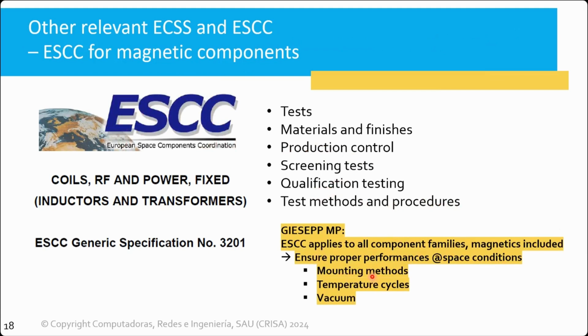This affects, of course, the mounting methods that we use, and we need to make sure that they survive and have proper performance in vacuum conditions and with certain temperature cycles, among many other specifications.